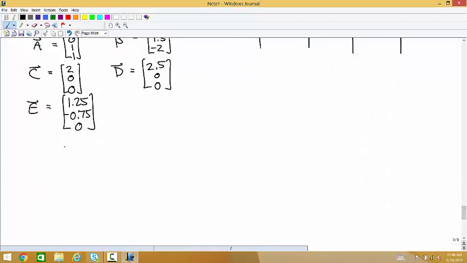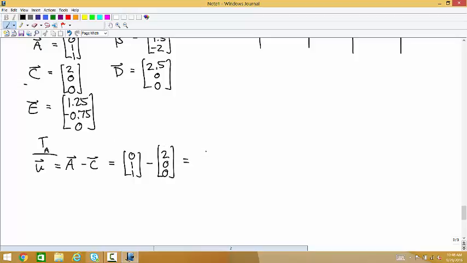So for that cable TA, we'll say the vector is equal to A minus C. So that's 0, 1, 1 minus 2, 0, 0. That's equal to negative 2, 1, 1.